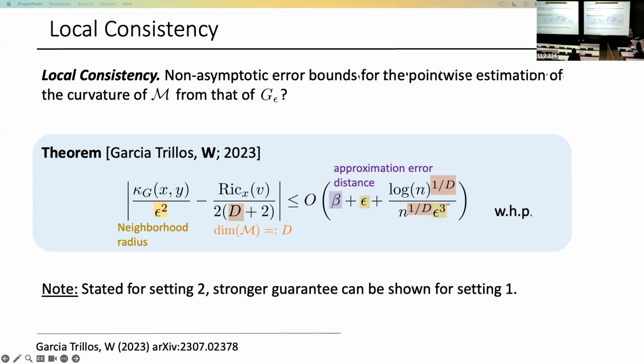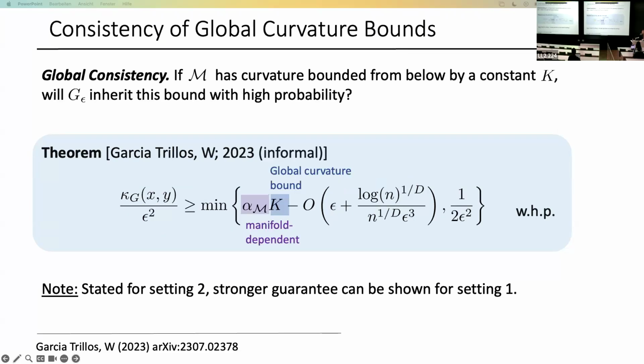The details you can find in the paper, but that's not an unsolvable problem. And then one more thing here. This is just summarized with beta, the approximation error from the data-driven geodesic distances. That can also be made more precise depending on the geometry of the underlying manifold. But this is the kind of result that we get.